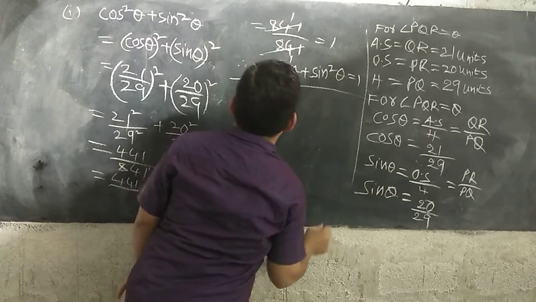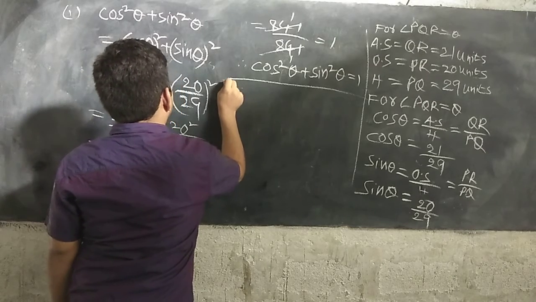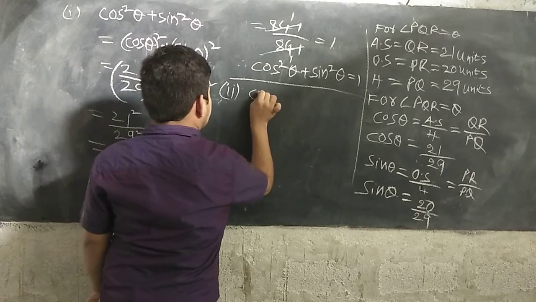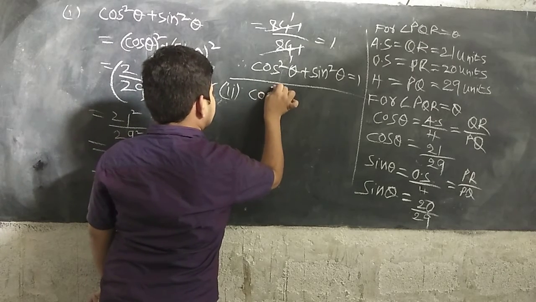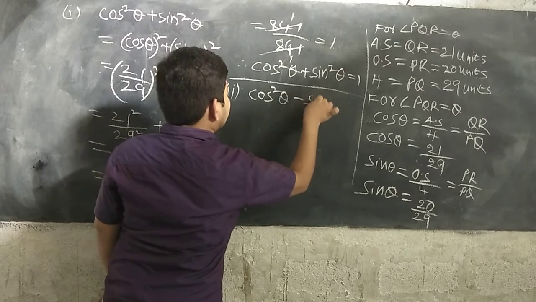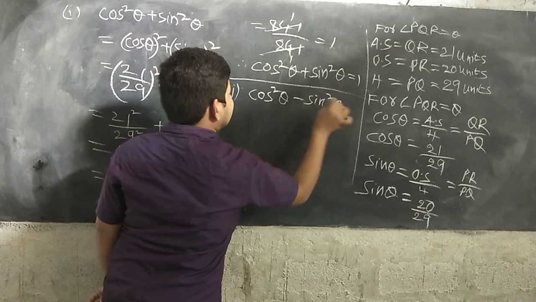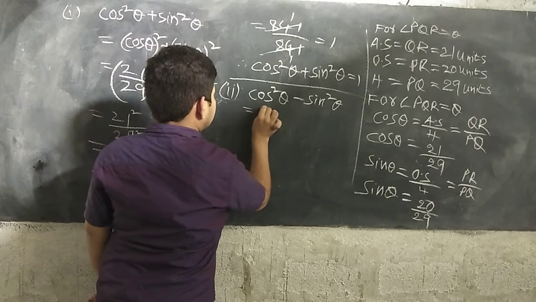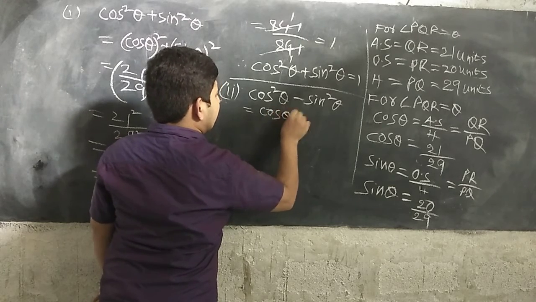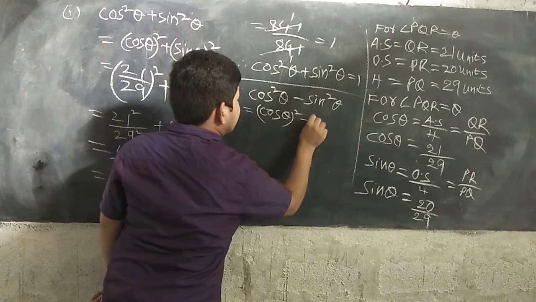Next, the second one: cos square theta minus sin square theta. That equals cos theta whole square minus sin theta whole square.